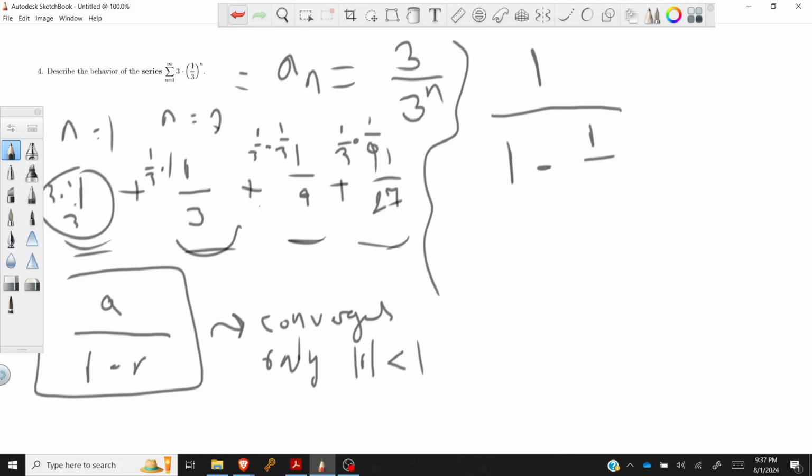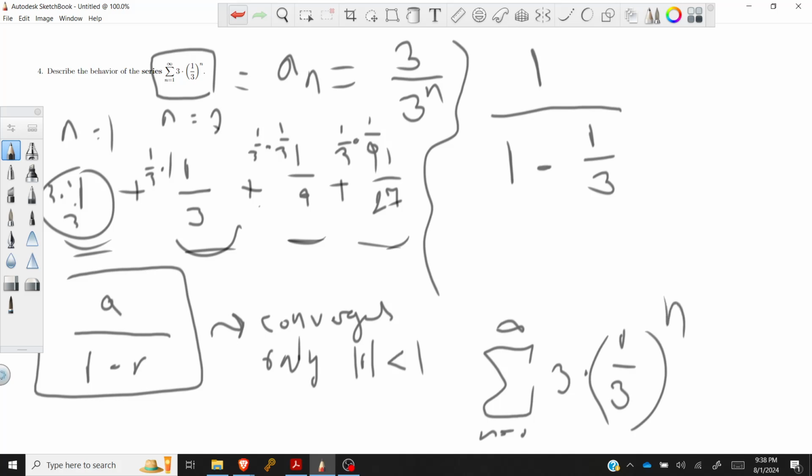So the common term here is 1/3. Another easy way to see that, if we go back to our original equation, is that we have some number times this, you see. So this is going to be the common ratio that's being multiplied each time, and we're just multiplying by 3.